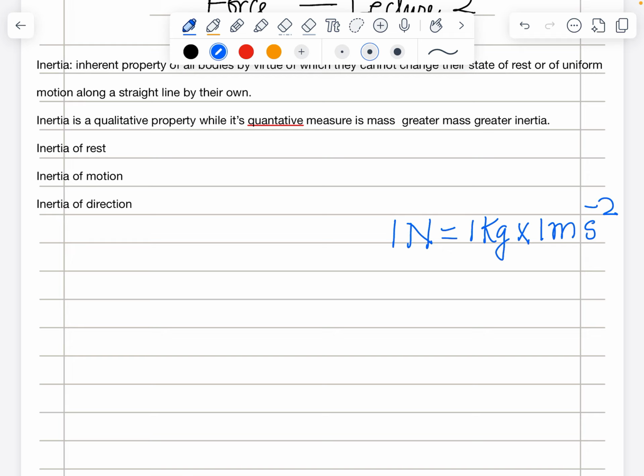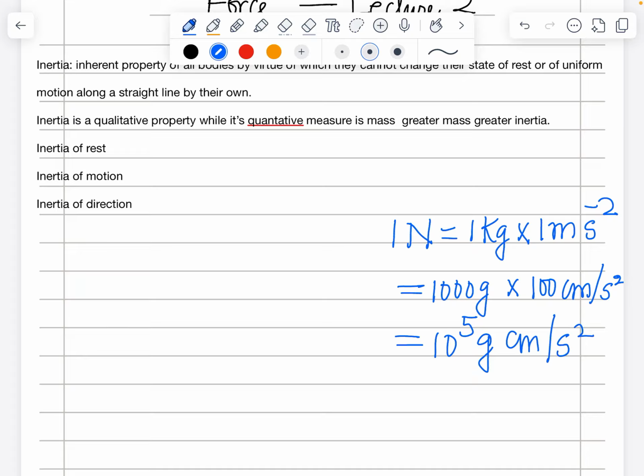Now 1 kilogram you can write as 1000 gram, and 1 meter per second square as 100 centimeter per second square. So that will be 10 to the power 5 gram centimeter per second square, that is equal to 10 to the power 5 dyne. It is clear.